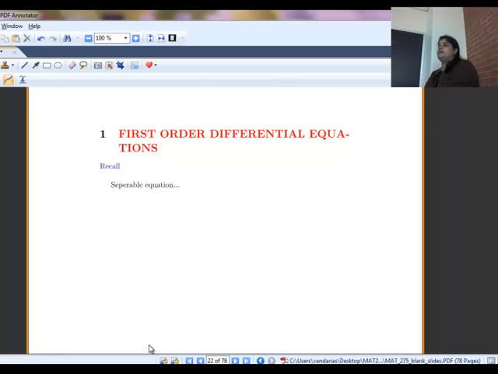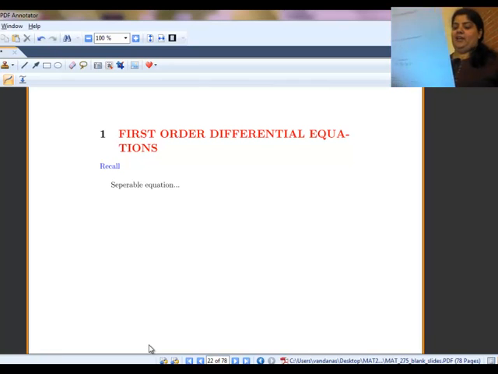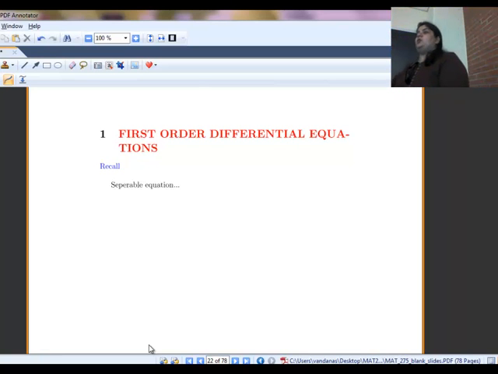You are given a solution, but you are not given a differential equation. Well, I did give you multiple choices, but suppose you don't see all of them. Just hide them. Don't see them. So given a solution, how will you get back to a differential equation?